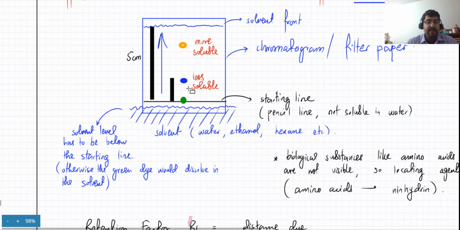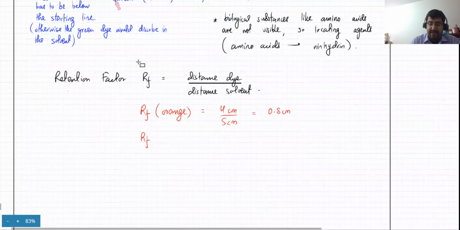So it's the distance traveled by the blue dye divided by the distance traveled by the solvent. Now the distance traveled by the dye is, again, I'm just giving it a hypothetical value. It's my estimate, it must be around 2 centimeters. So it's going to be 2 centimeters divided by 5 centimeters.